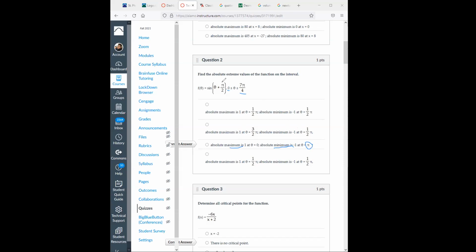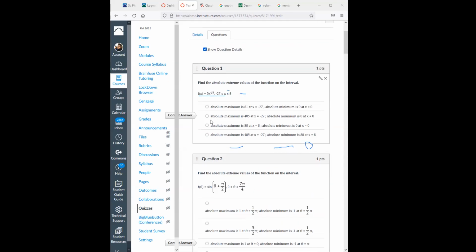So you need to find pi by taking the derivative of this guy and setting it to 0, like we did here up top on the last one. Over here we did a derivative, set it to 0, and we found x equal to 0 was the minimum, and negative 27 that we tested with max.